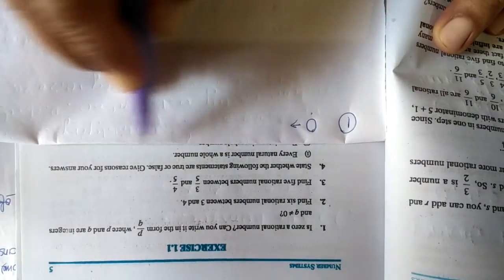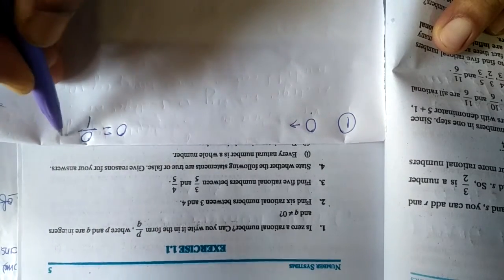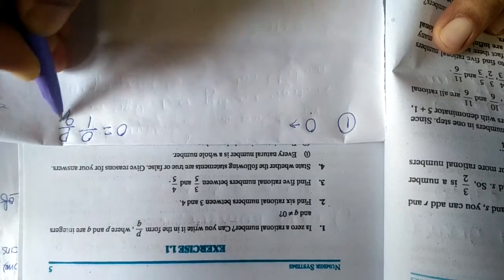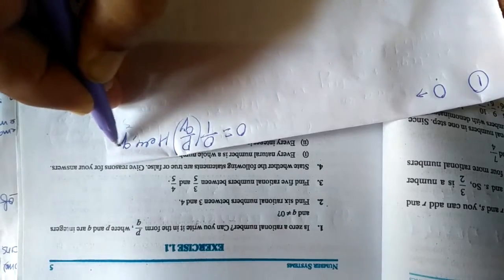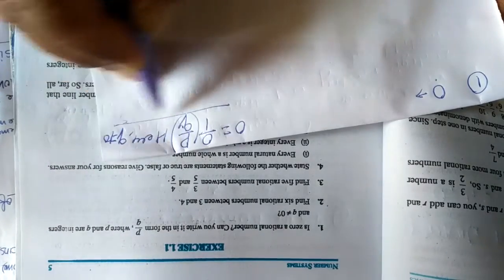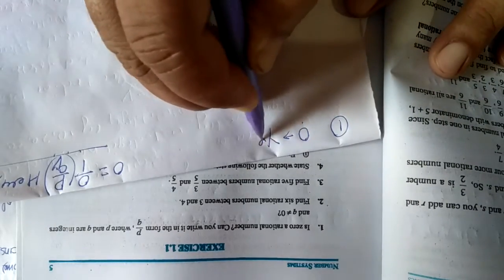How can we tell whether 0 is a rational number? 0 may be written as 0 by 1. That means it may be presented in the form of p by q, and here q is not equal to 0. See here, q not equal to 0. So it follows the rule of rational numbers. So it is a rational number.